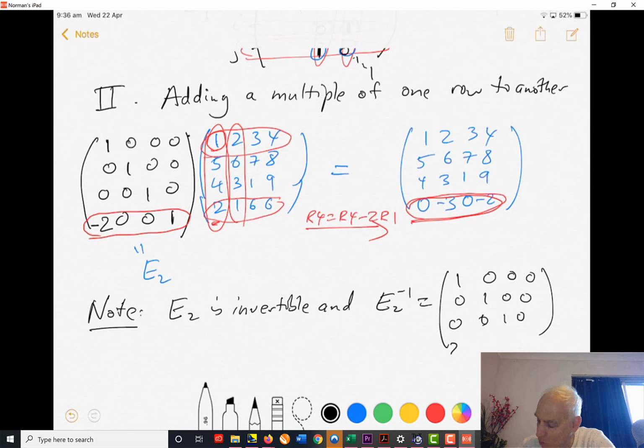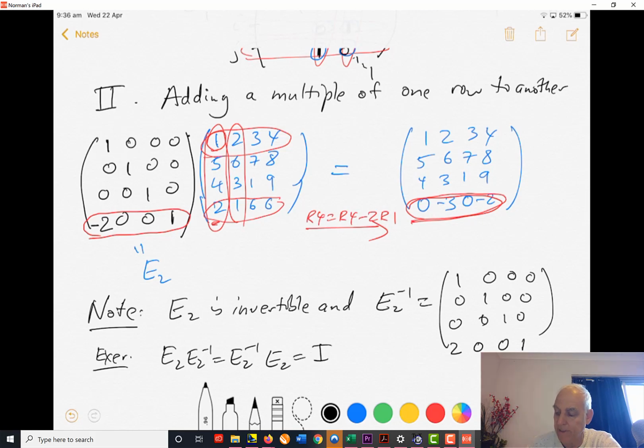So in other words, if I put a 2 here without a minus sign, then that is the inverse of E2. In either order, you multiply those two things, you get the identity. So I'll leave it to you as an exercise to check that E2 times E2 inverse really is the same as E2 inverse times E2. It really is the identity matrix in this case.